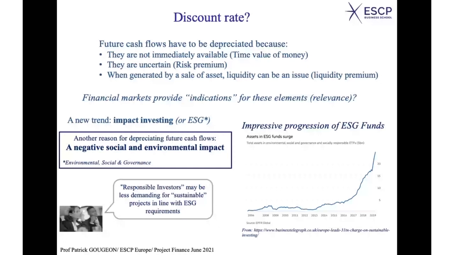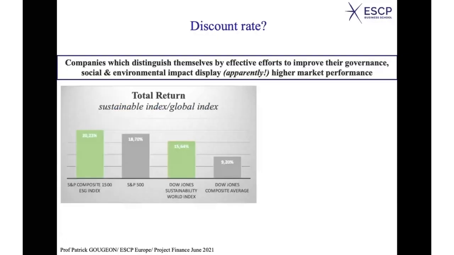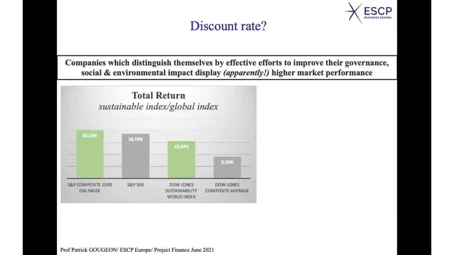Here it's interesting to look at this. You have comparisons between two sets of companies, and you have the return of the sustainable index, which you compare to the global index, with the total return for each of these indexes. So what is the sustainable index?